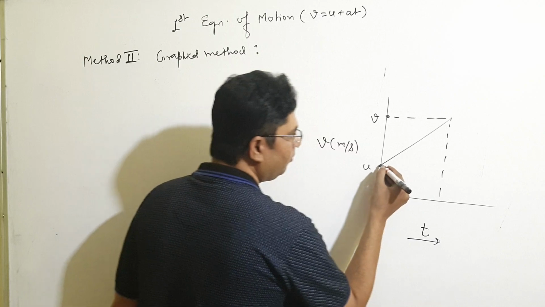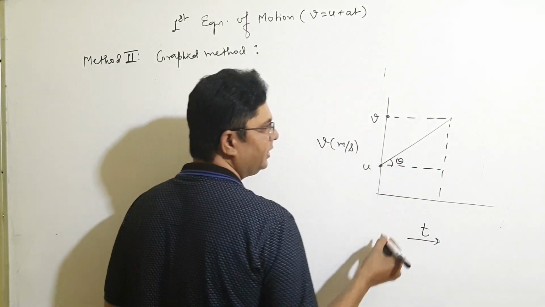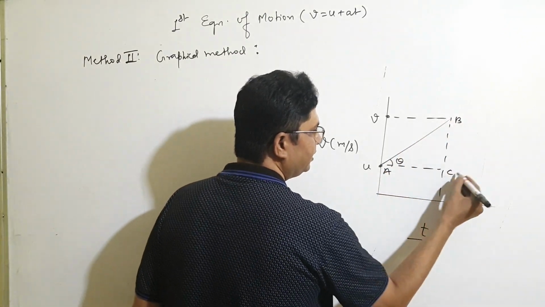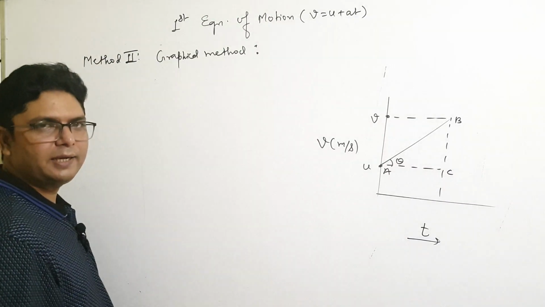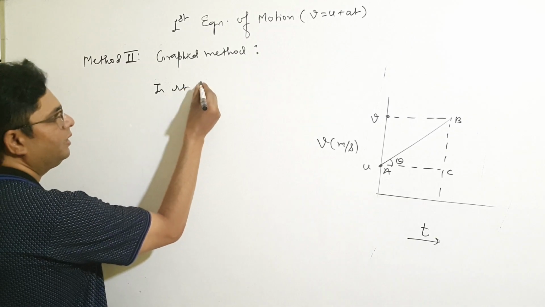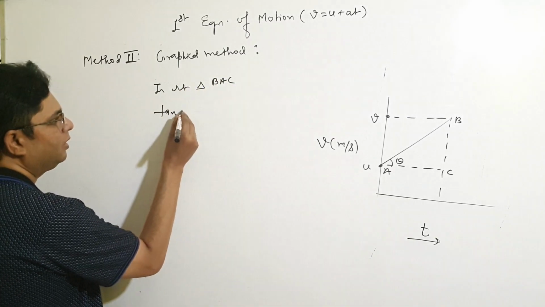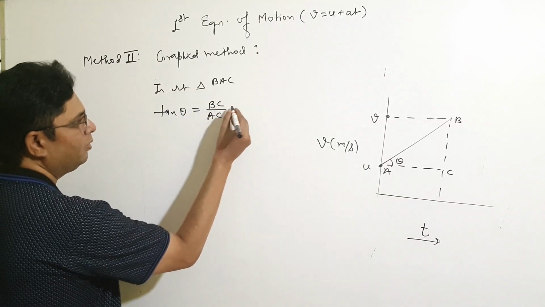So let us draw this line. This is the angle theta. So this is A, B, C. So here when you take tan theta, in right triangle BAC, tan theta is equal to BC upon AC.